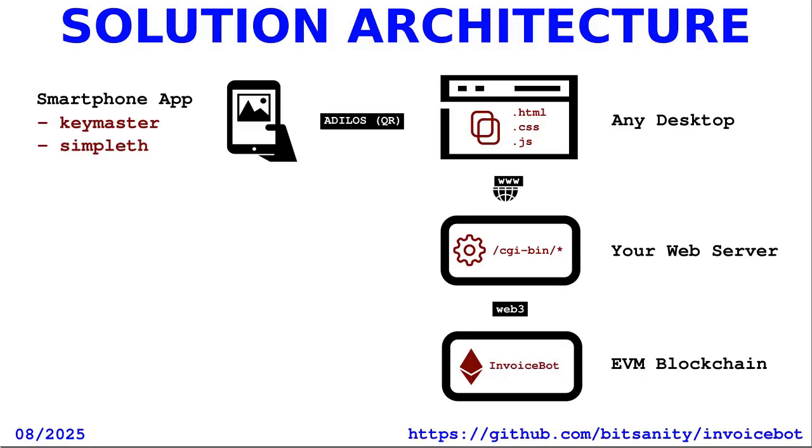The first part of the solution is a smartphone app. I've written two examples of this, the Keymaster and Simplith. Both are on my GitHub page. And they use the Adelos QR exchange protocol to communicate with the web browser on the desktop.